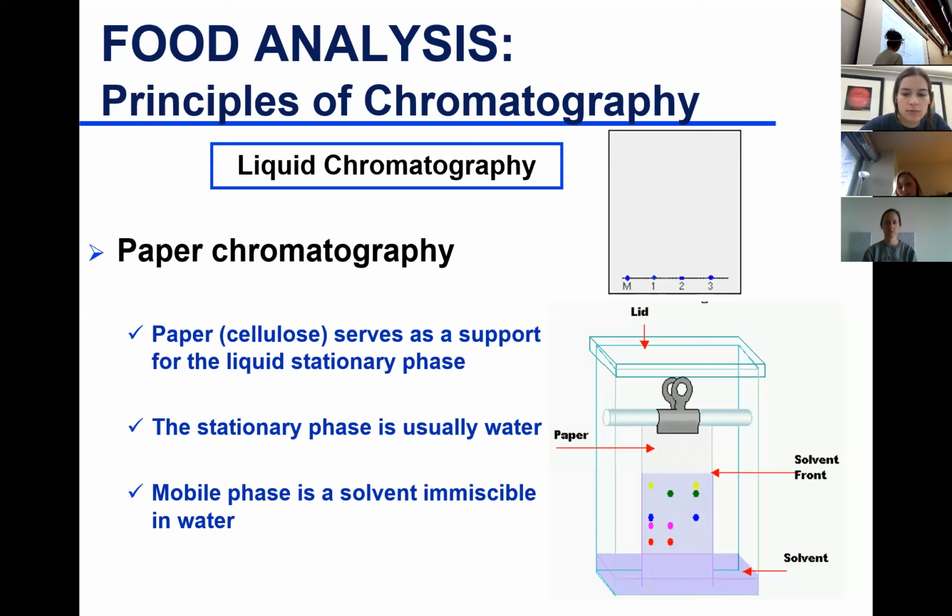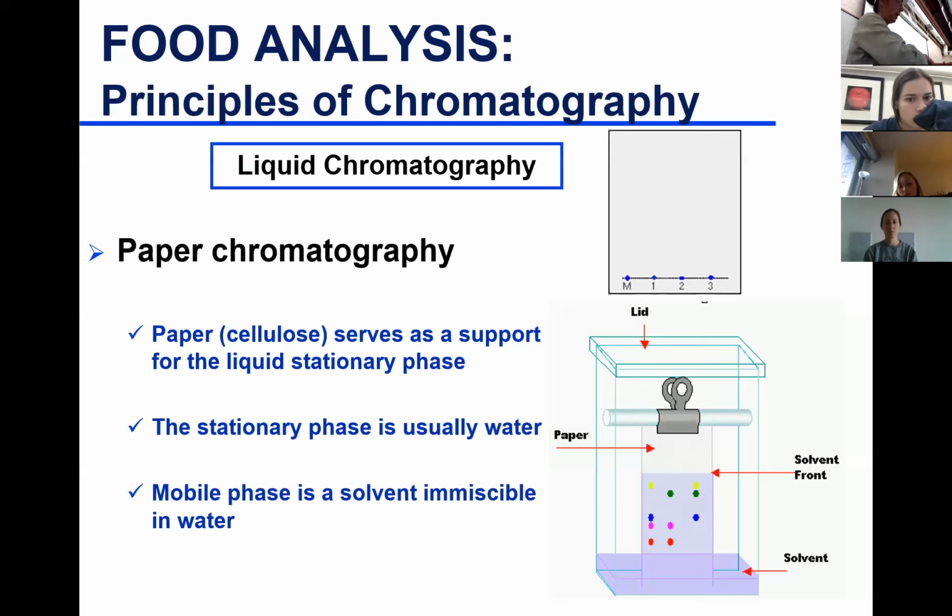So in paper chromatography, and I'm sure you must have seen it or done it in organic chemistry labs potentially, yes. Okay, so in paper chromatography, from the name, you use paper, and it's made of cellulose. And the cellulose serves as a support, only a support. So what you would do is you would have a liquid phase that the cellulose would absorb.